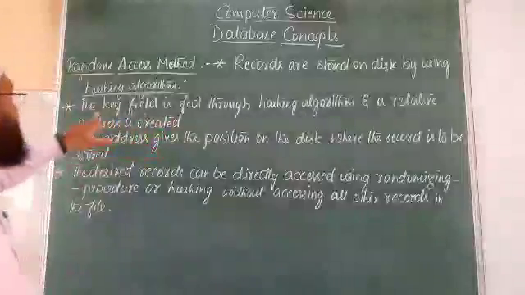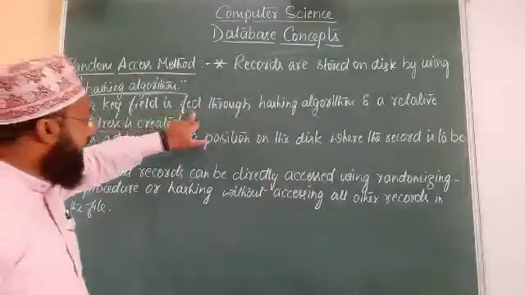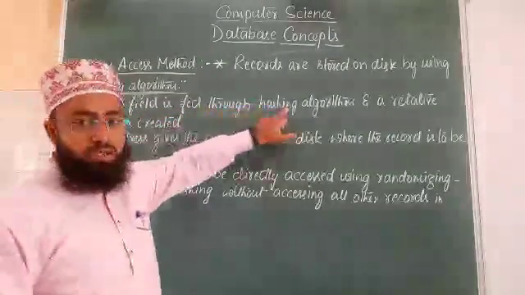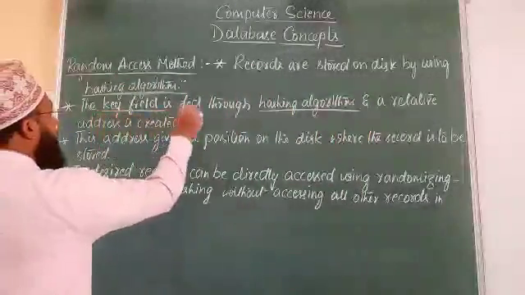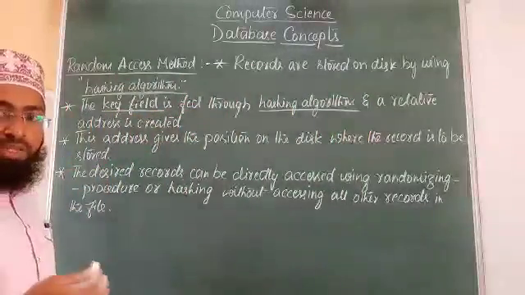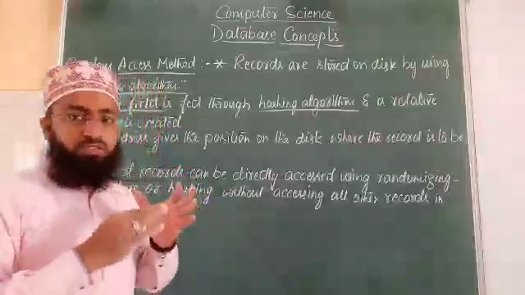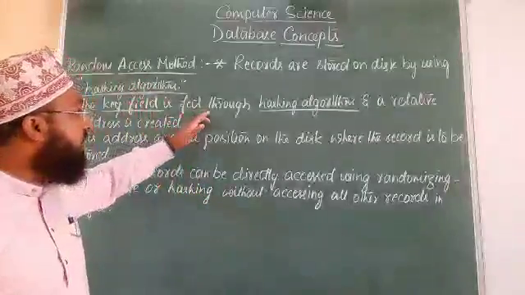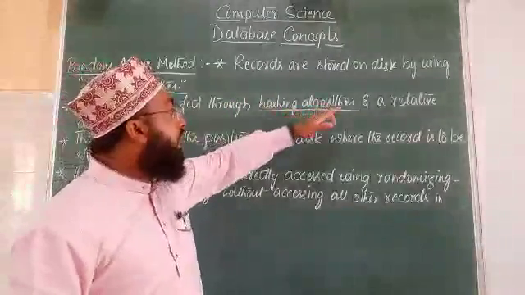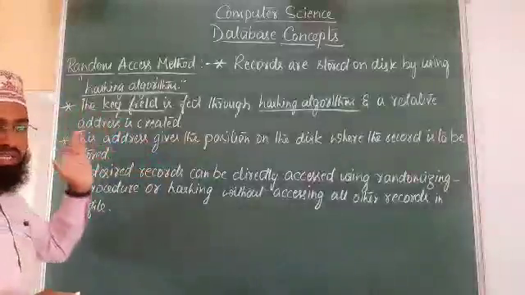Okay, and next thing, the key field is fed through the hashing algorithm. Fed means given as input to the computer. The key field is fed through the hashing algorithm, and a relative address is created.